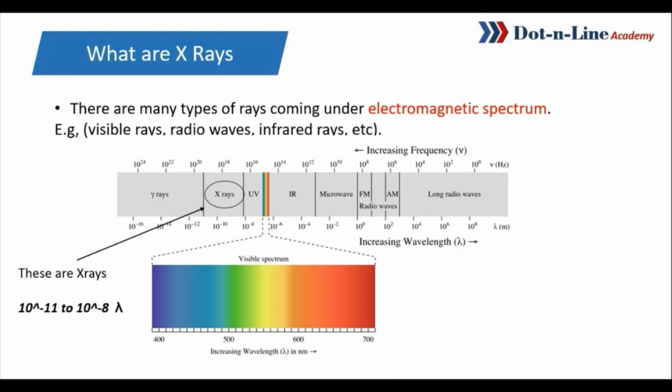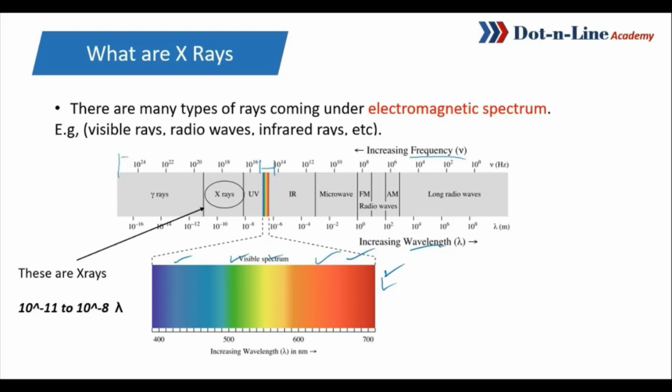There is a large spectrum under which lie different kinds of rays, and it all depends on the frequency and the wavelength. In this spectrum there is a little area under which the visible spectrum lies: blue, green, yellow, orange, red, the complete VIBGYOR.